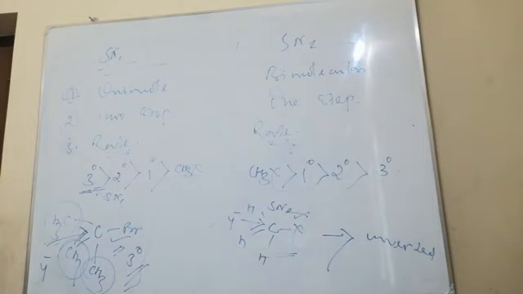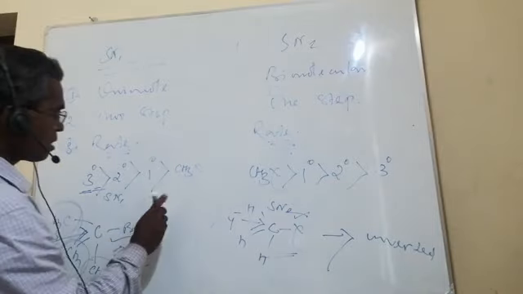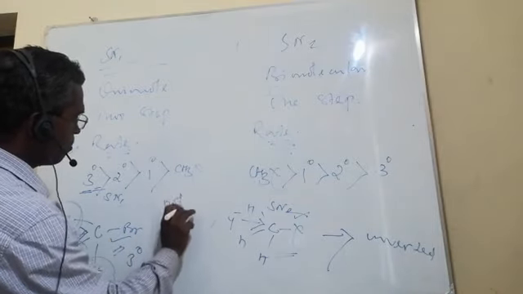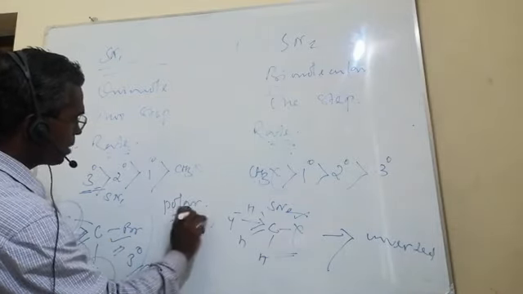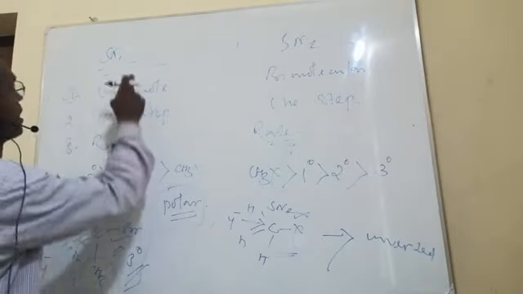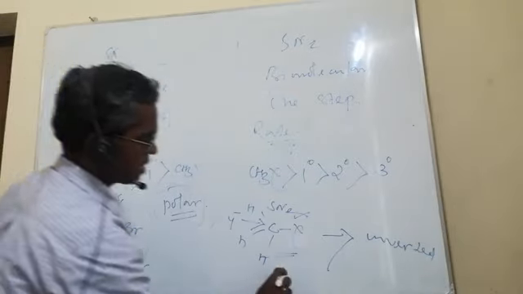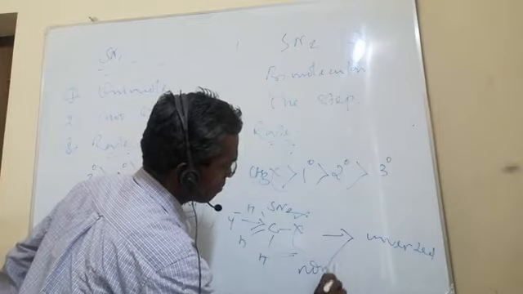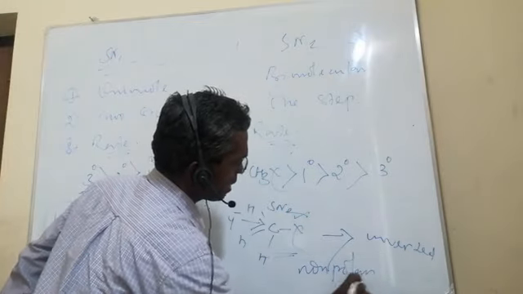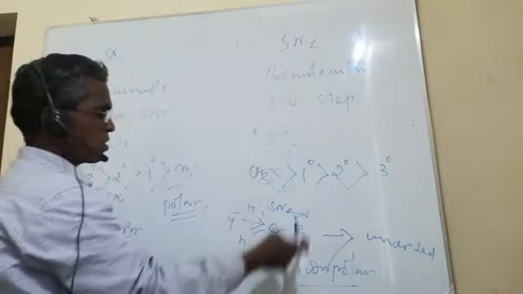And SN1 is very much favored by polar solvents. The next point, polar solvent plays a major role in carrying out this SN1 substitution, whereas a non-polar solvent plays a vital role in carrying out SN2 substitution.